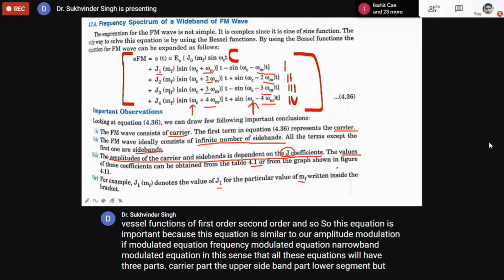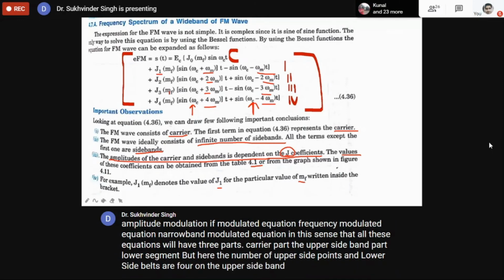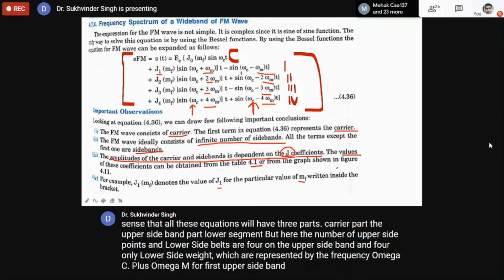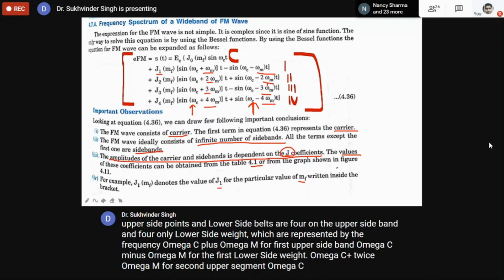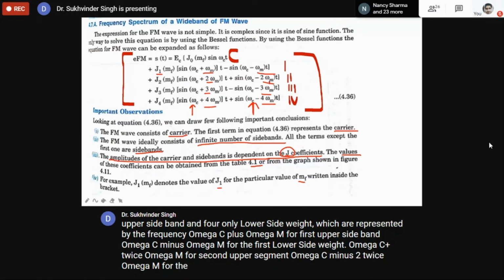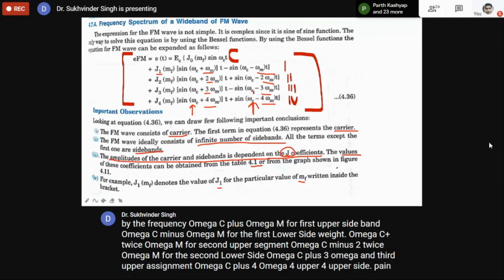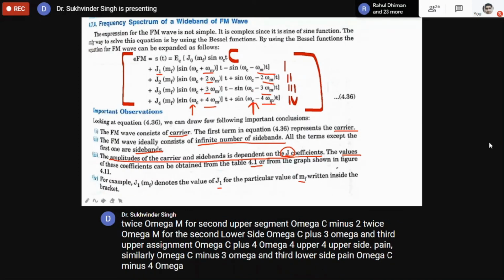But here the number of upper sidebands and lower sidebands are 4 on the upper sideband and 4 on the lower sideband, which are represented by the frequency omega c plus omega m for first upper sideband, omega c minus omega m for the first lower sideband, omega c plus twice omega m for second upper sideband, omega c minus twice omega m for the second lower sideband, omega c plus 3 omega m third upper sideband, omega c plus 4 omega m fourth upper sideband. Similarly, omega c minus 3 omega m third lower sideband, omega c minus 4 omega m the fourth lower sideband.